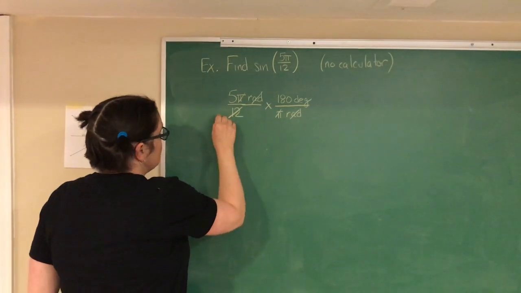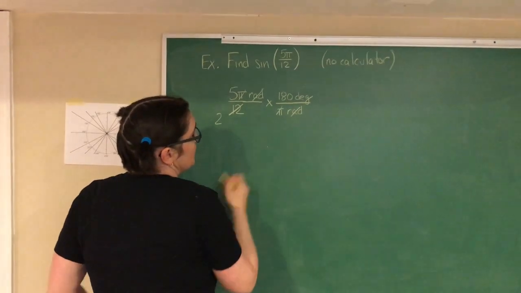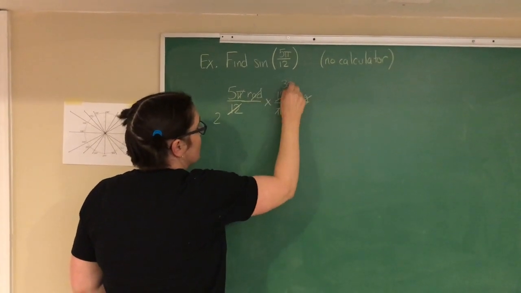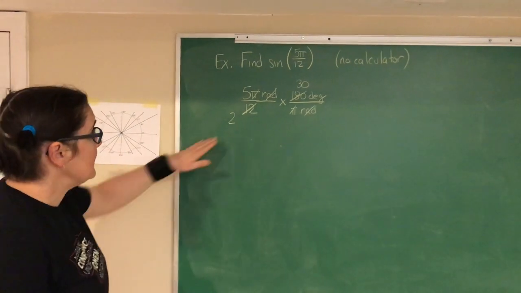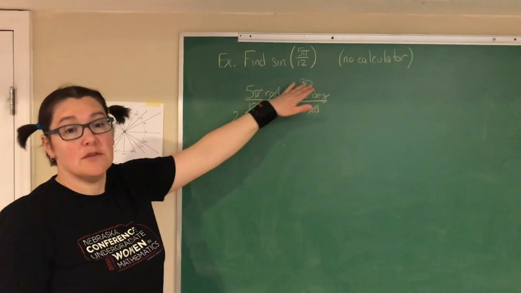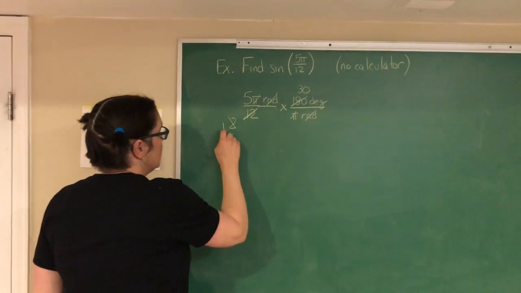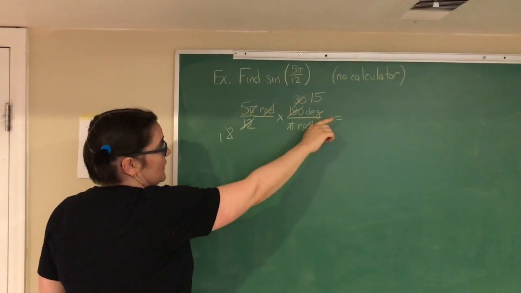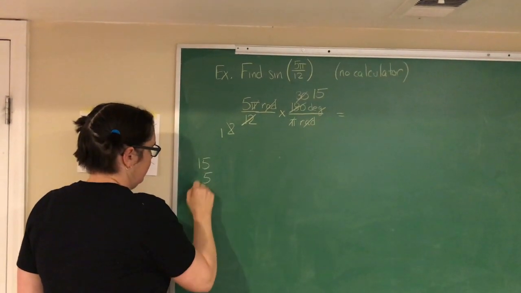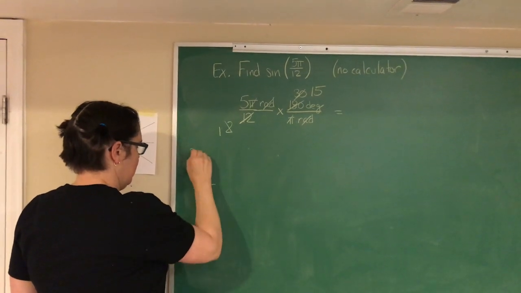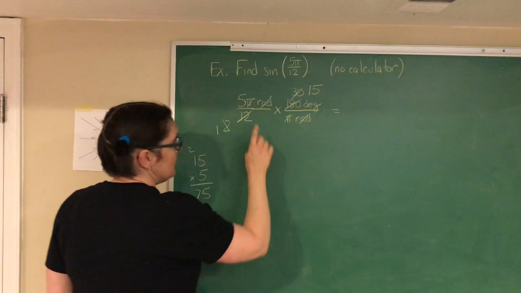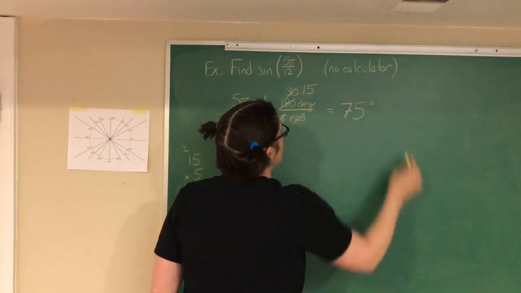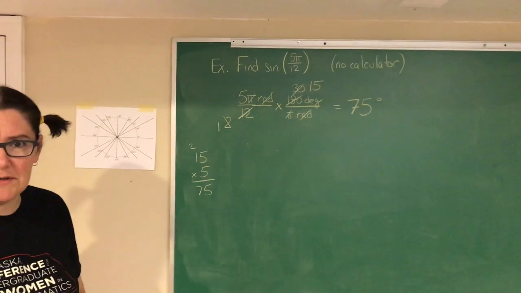So 6 goes into 12 2 times, and 6 goes into 18 3 times, so 6 goes into 180 30 times. And now I look at this again, and now I know that 2 goes into 30 15 times. So what I'm left with is 5 times 15 across the top. And so 5 times 5 is 25. And I end up with 75 on the top and 1 on the bottom. So this tells me that 5 pi over 12 radians is equal to 75 degrees.